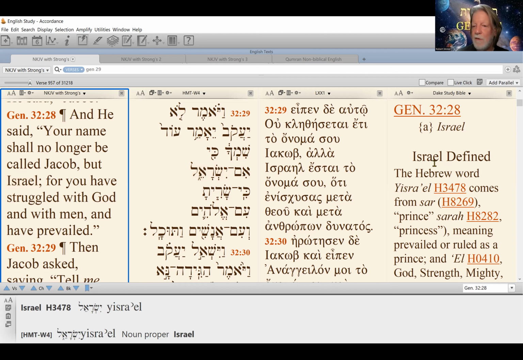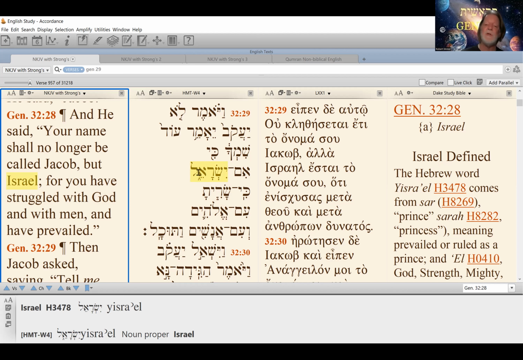If we go over here to Dake's notes, we see that Israel means prince, but it also means prevailed or ruled as a prince. So yeah, the sar part means to wrestle. The Aleph and Lamed part on the end here, the El, is short for Elohim, so you've wrestled with God.